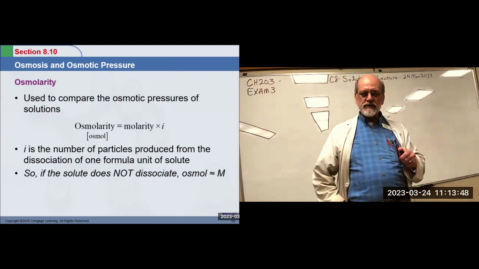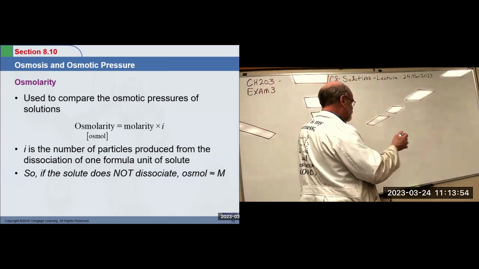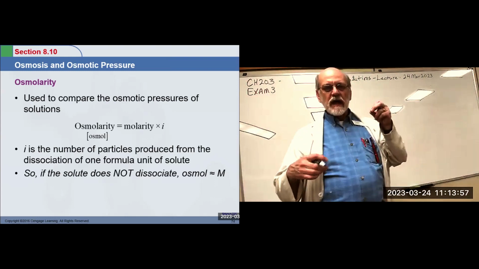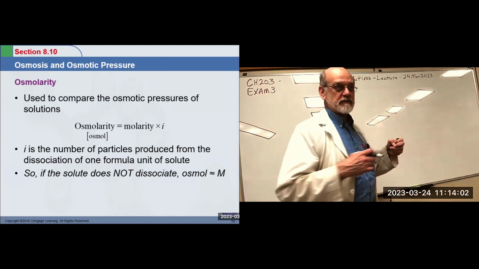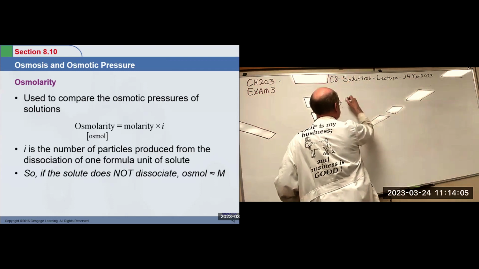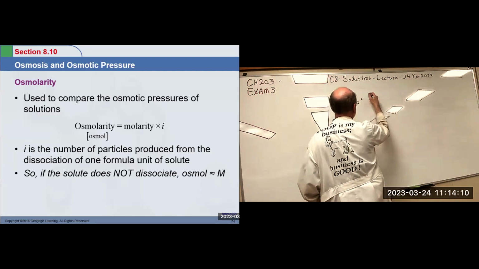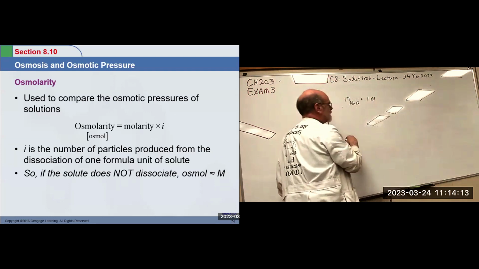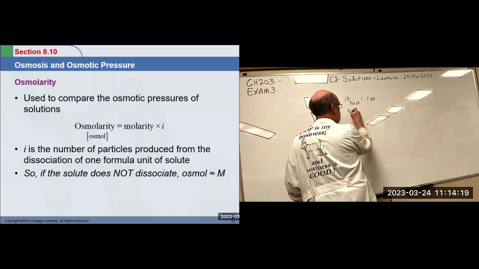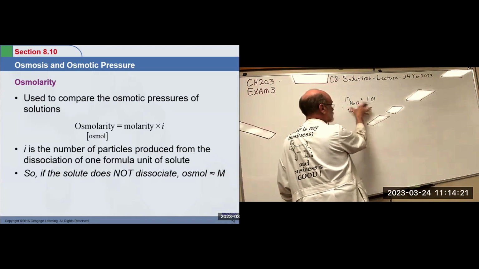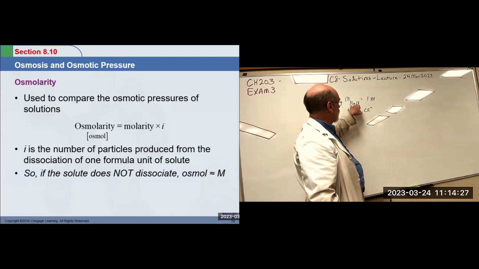So there's another term, osmolarity. Osmolarity takes into account any dissociations of the molecules that go into solution. So if we have a molarity of sodium chloride equal to, say, 1 molar, the osmolarity, once this goes into solution, it produces sodium ions and chloride ions. So it's twice as many particles as the whole.